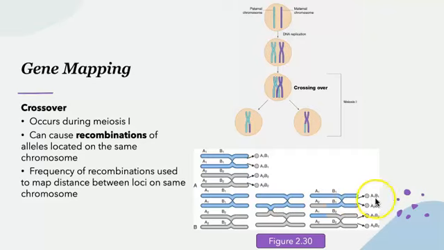So we've got A1 B1, A2 B1, A1 B2, and A2 B2. So essentially we are able to form new arrangements, giving us more variety. And again, this is called recombination.